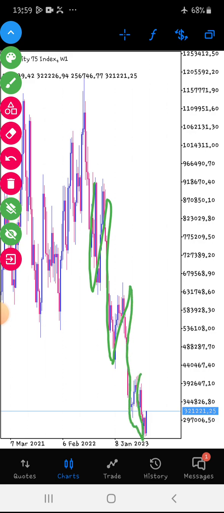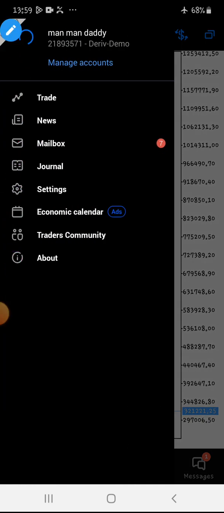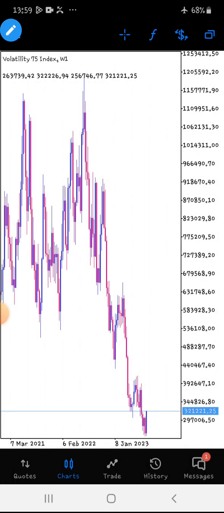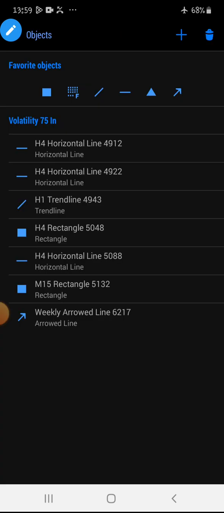Now it's coming from a lower high and continues down. So the overall daily and weekly direction is a downtrend, guys.